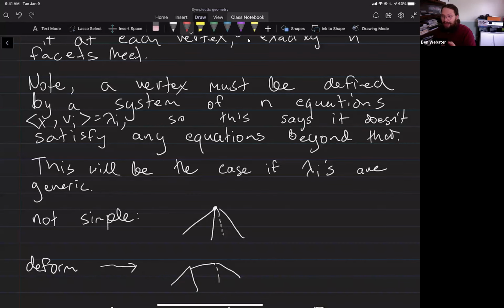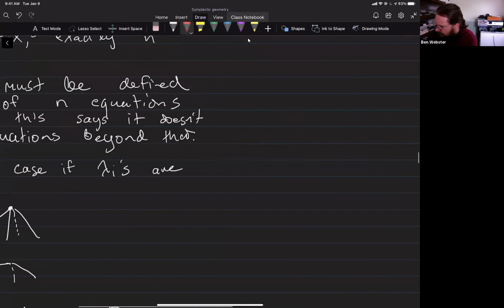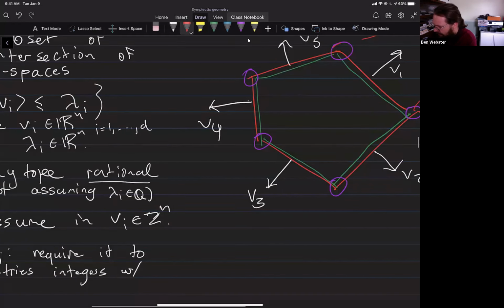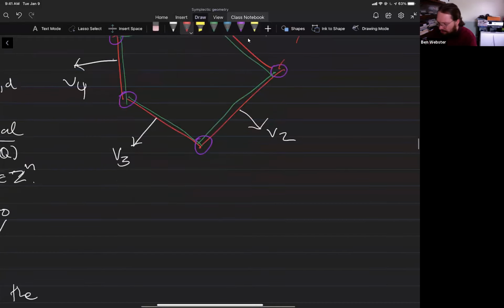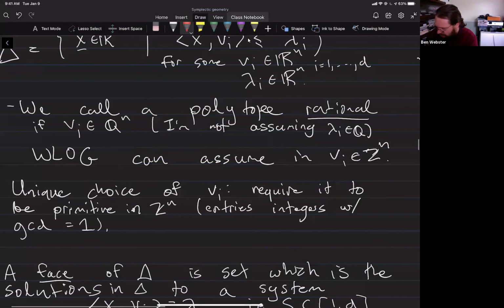There's a unique set of n equations that the vertex satisfies, and no other equations that come from facets of your polytope. So for example, here, that's fine, right? Each one of these vertices is defined by exactly two of the equations, and it doesn't satisfy any of the other ones. Somehow in 2 dimensions, this is a dumb condition. It's not interesting.